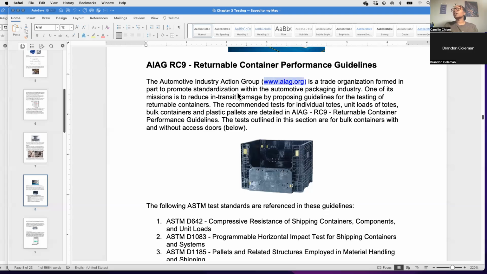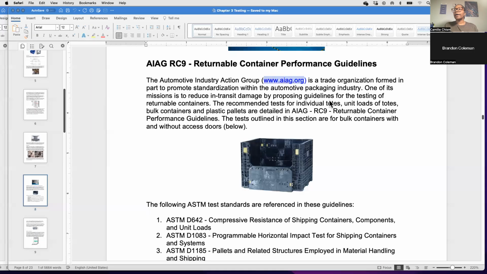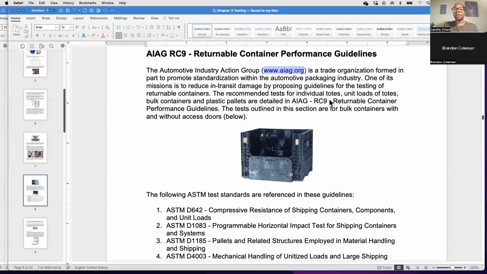Okay, so talked about AIAG, dig into that, check it out, get to know what's there. There are a couple of other industry groups that have cropped up in the Southeast, because a lot of the automotive companies have either built new or additional facilities in the Southeast, which would include like Alabama, Georgia, and the Carolinas.